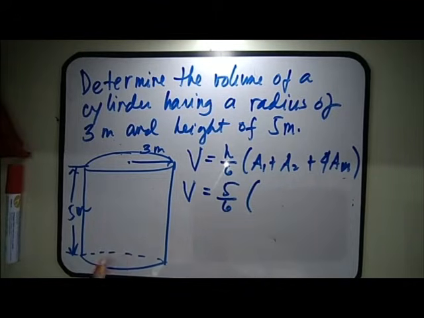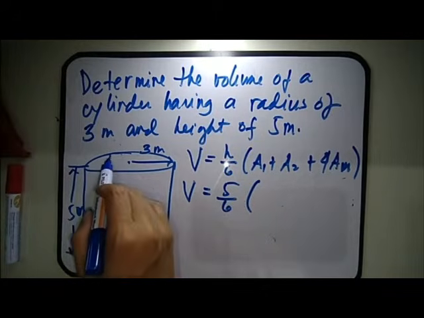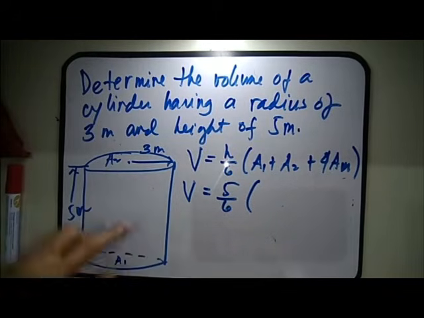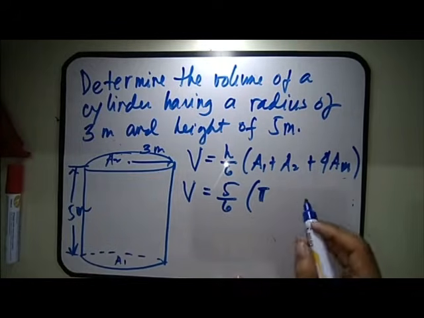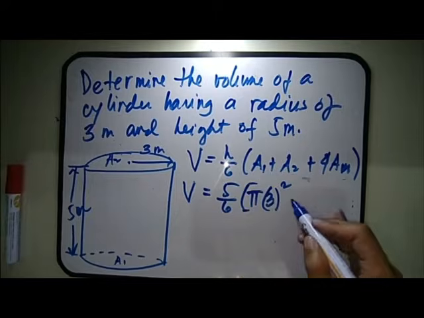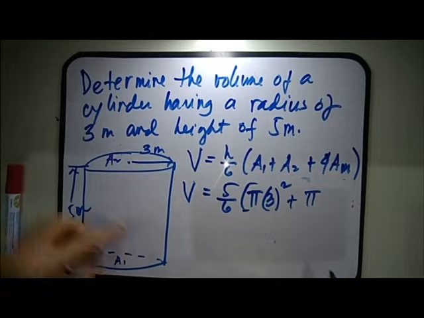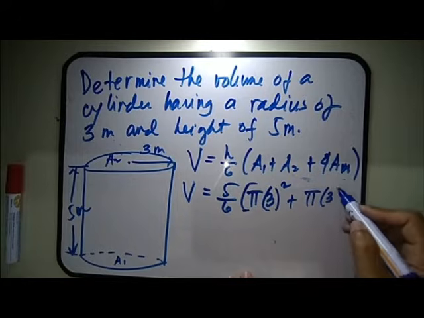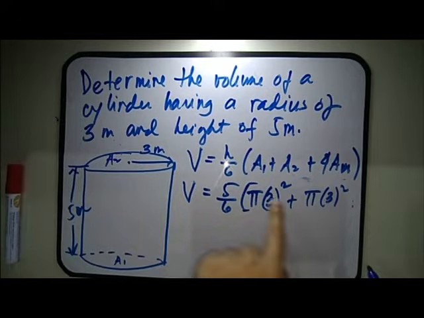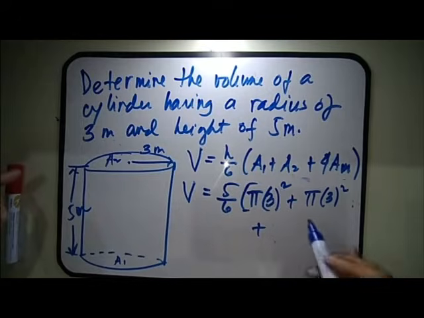A1 is the bottom base, A2 is the upper base. A1 is equal to pi times 3 squared, so 9, plus A2 on top, pi times r squared, and the mean area, of course, is also just pi r squared.